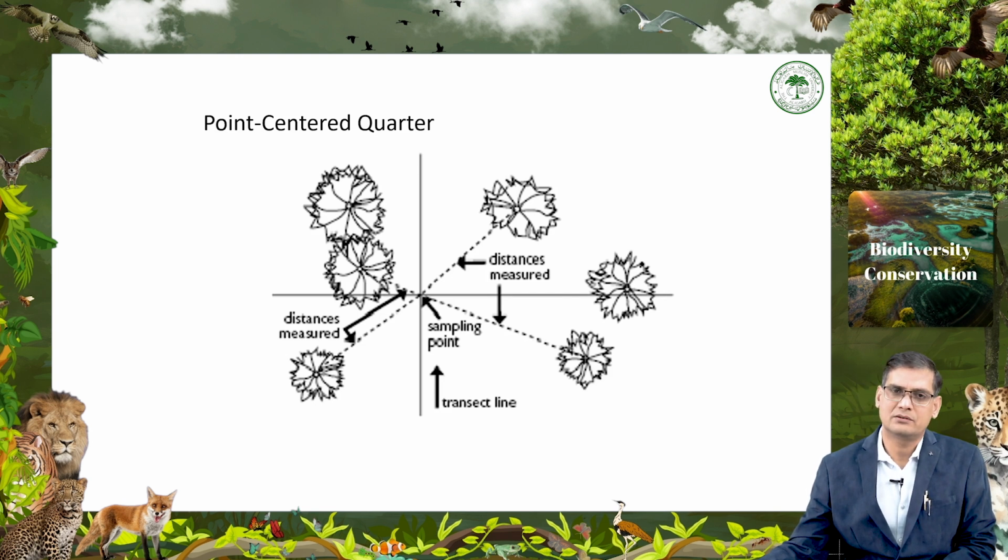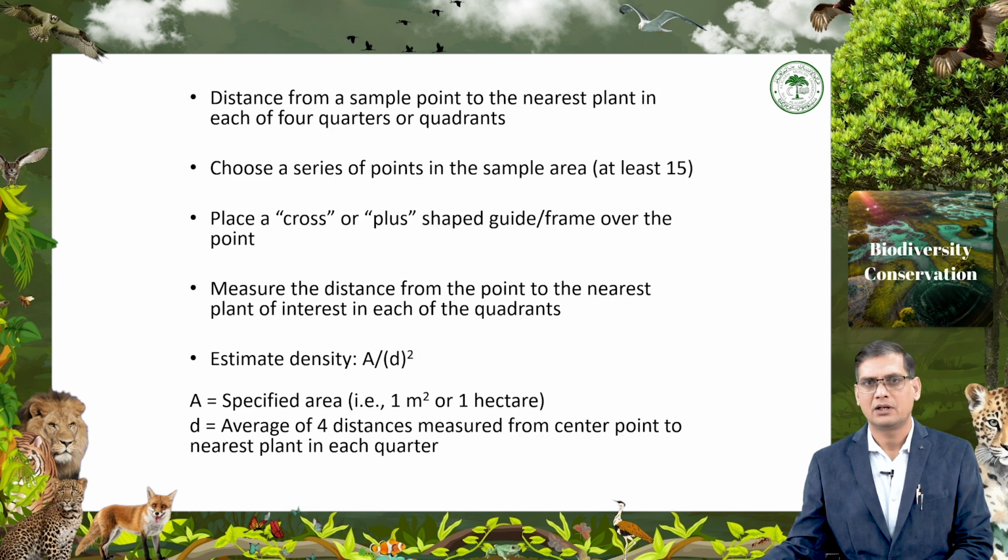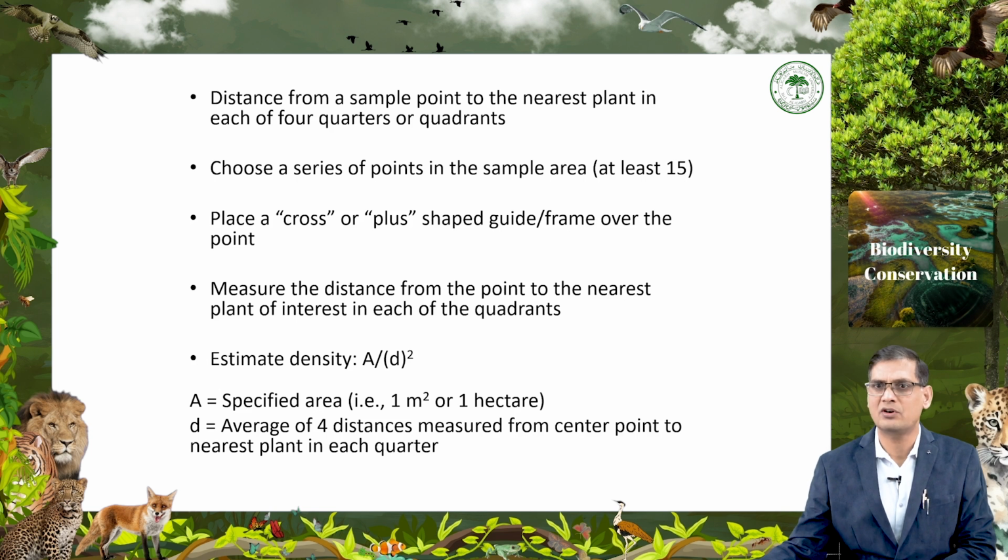Point-centered quarter. This is the depiction of the point-centered quarter method, and it is based on measuring the distance of the nearest tree in each of the 4 quarters created at the sampling point. In this method, the distance from a sample point to the nearest plant in each of the 4 quarters or quadrants is used to determine the density of plants in a particular area.